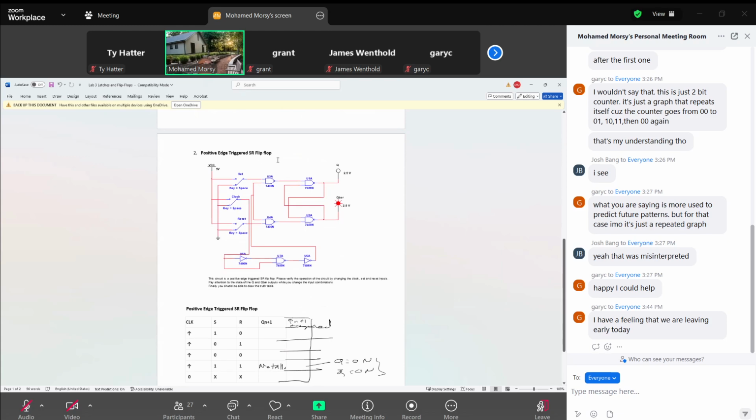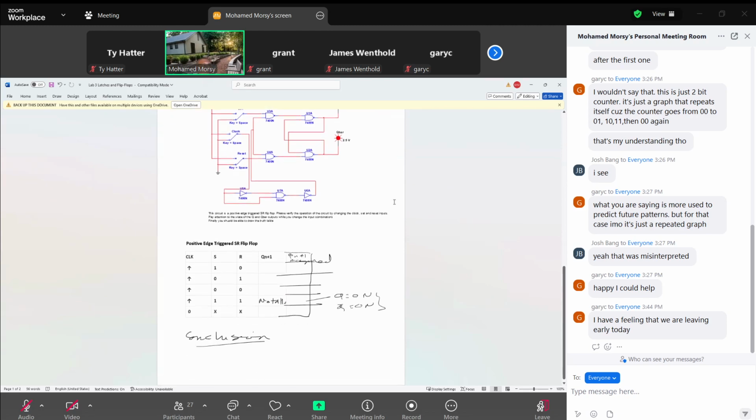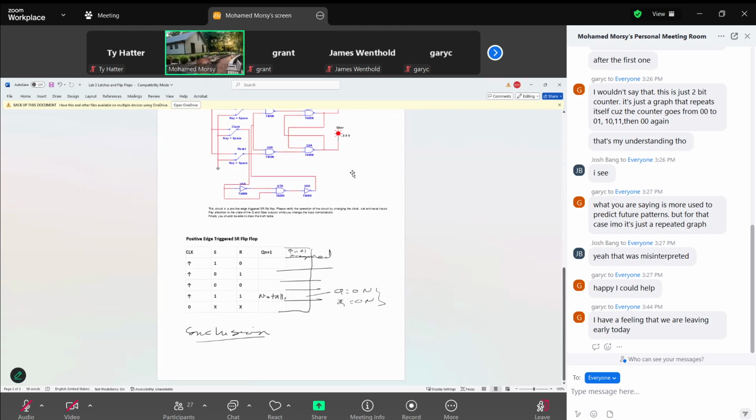For SR flip-flop, we can see Q and the Q inverted, both of them are on, or logic high, which never happened. So this means S is 1 and R is 1 at the same time is not allowed. This is a remarkable thing we should focus on. For example, if you don't see anything, you just again summarize what you did.